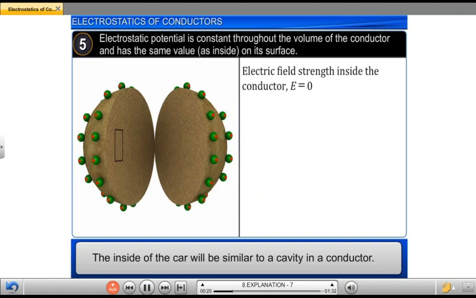We know that the electric field strength E is equal to minus dV by dr. If V is constant everywhere inside the conductor, then dV by dr will be 0. And hence, E is equal to 0 inside the conductor. This proves that the electric potential V is constant everywhere inside the volume of the conductor and has the same value as that on the surface.